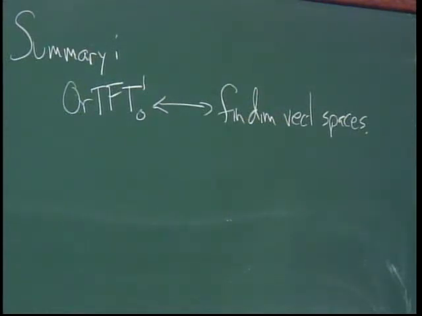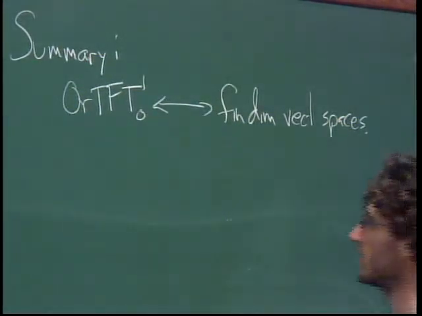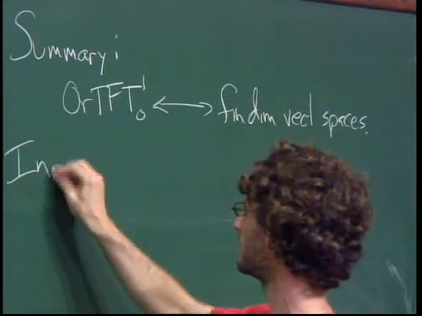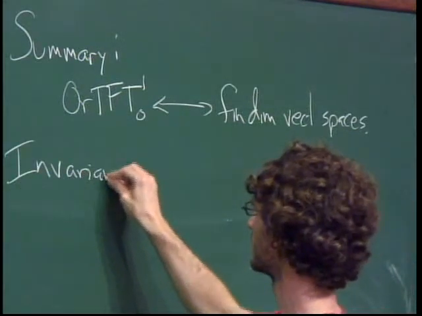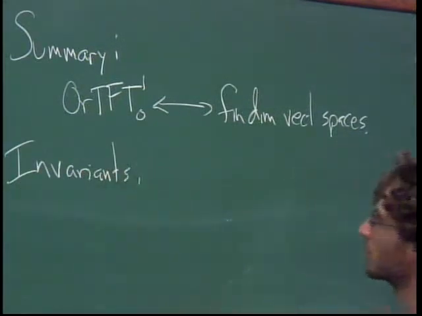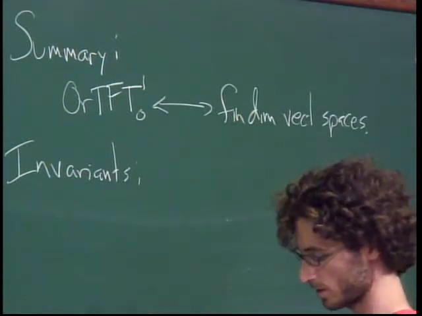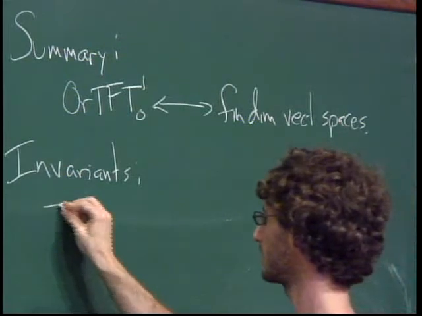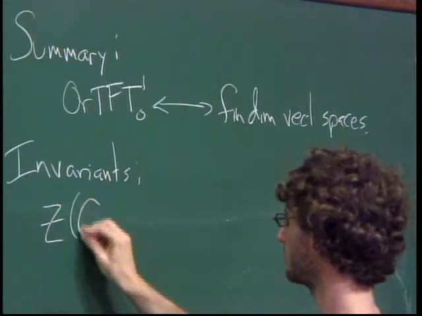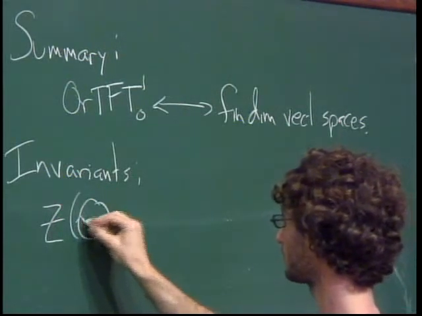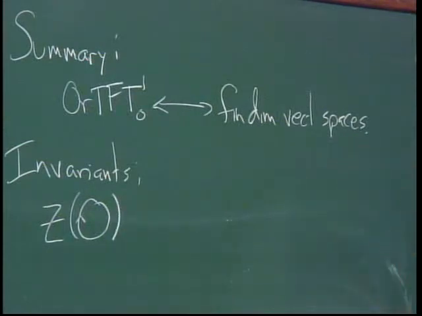Okay, and so now once we have a TFT, the claim was we could get some numerical invariants out of it. There aren't very many interesting one-manifolds, but we might as well compute the one we can. So suppose Z is my TFT; we can compute its value on the circle with that orientation.